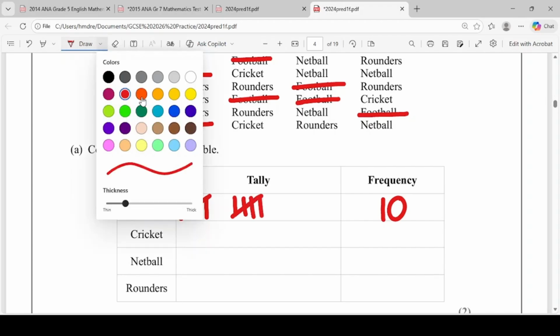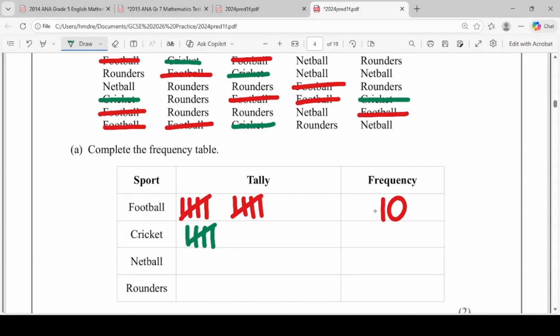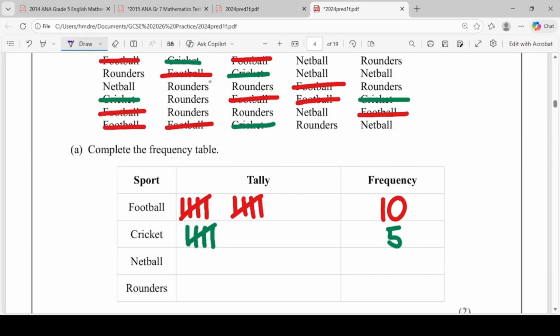Let's go on to cricket next. So we got 1, 2, 3, 4, 5 cricketers. So 5 tally marks, and we write the number in the frequency. And we just go through all the others like this.